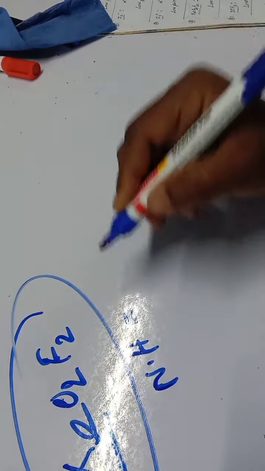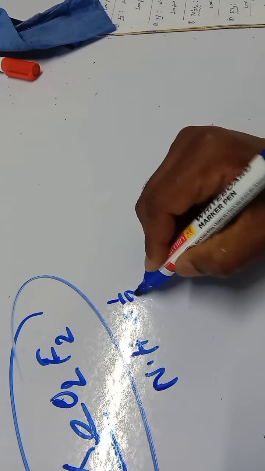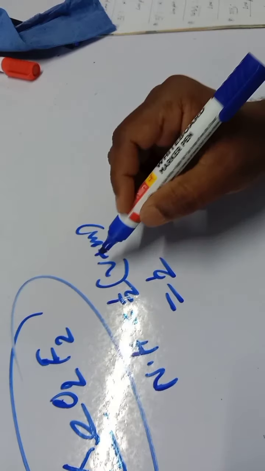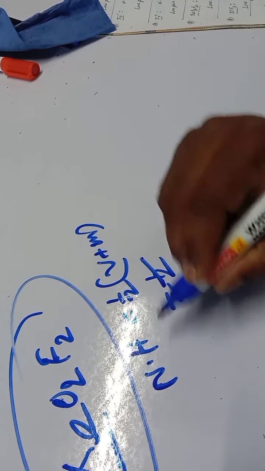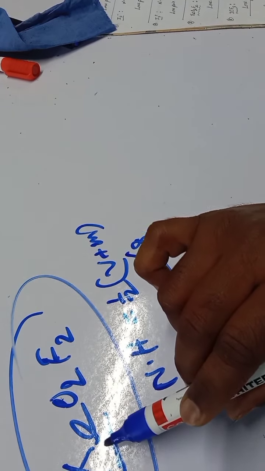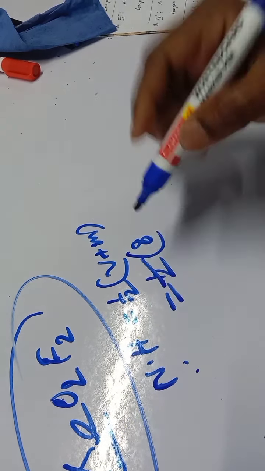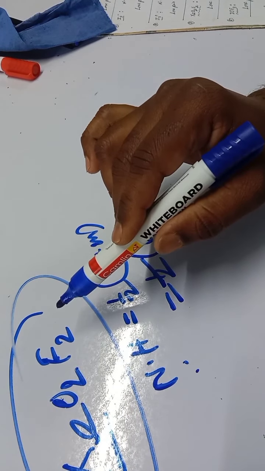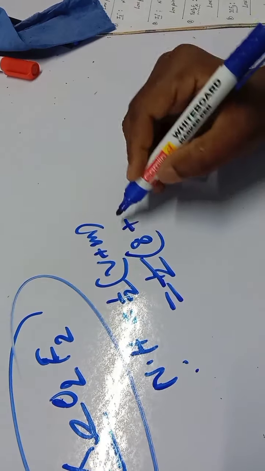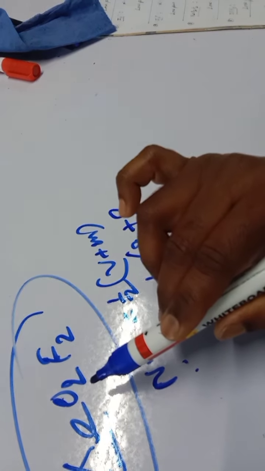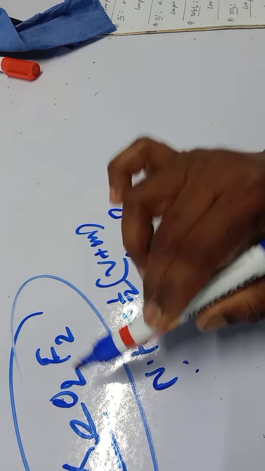NH, number of hybridization, equal to half of V plus M. The central atom's valence electron, the valence electron of the noble gas element, is 8. The number of monovalent atoms is 2. Oxygen is not a monovalent atom.